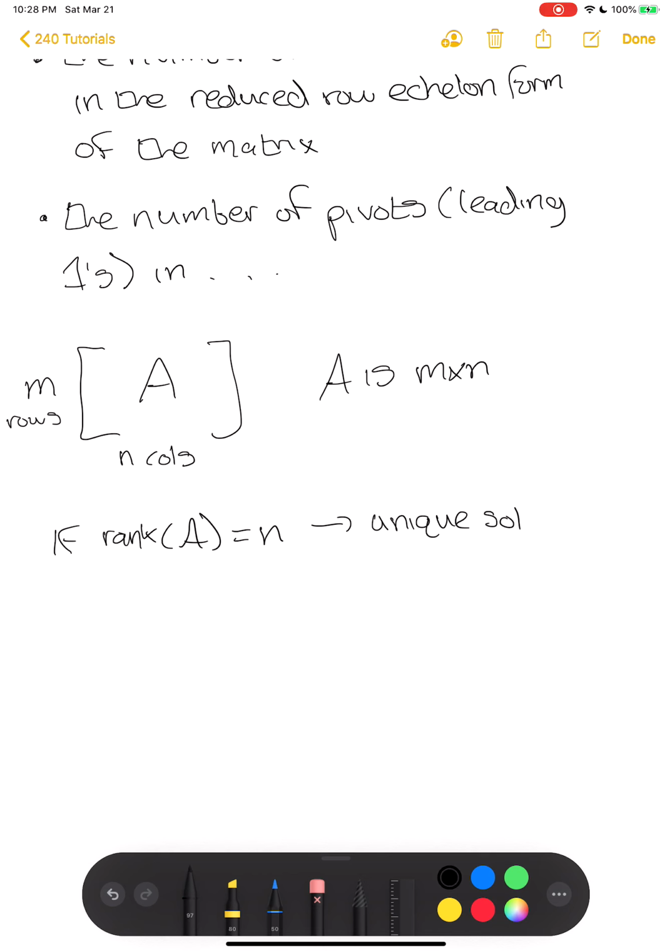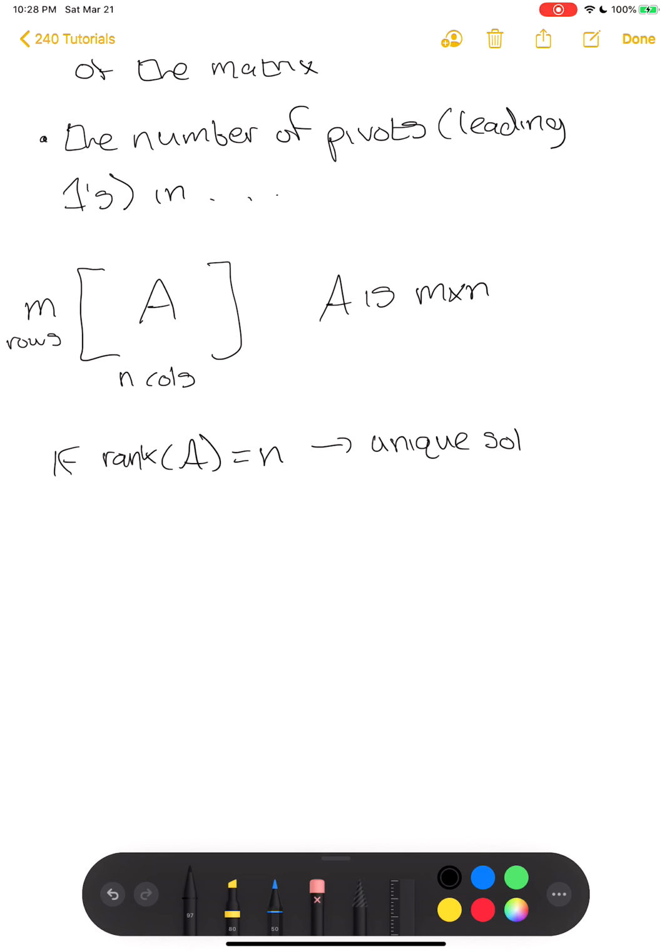And then we have a couple things. So first of all, the rank of A can't be bigger than n, right? You can't possibly have more pivots or leading ones than you have columns, because that would be ridiculous. That would be the equivalent of you having a pivot over here, which you just can't have, obviously.